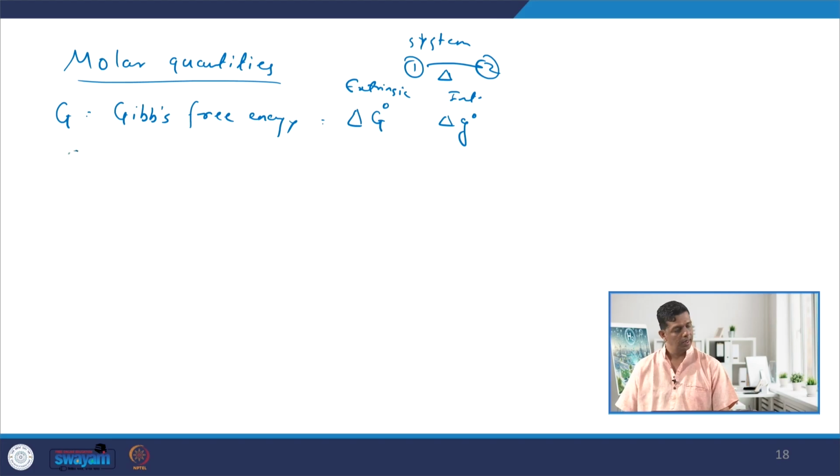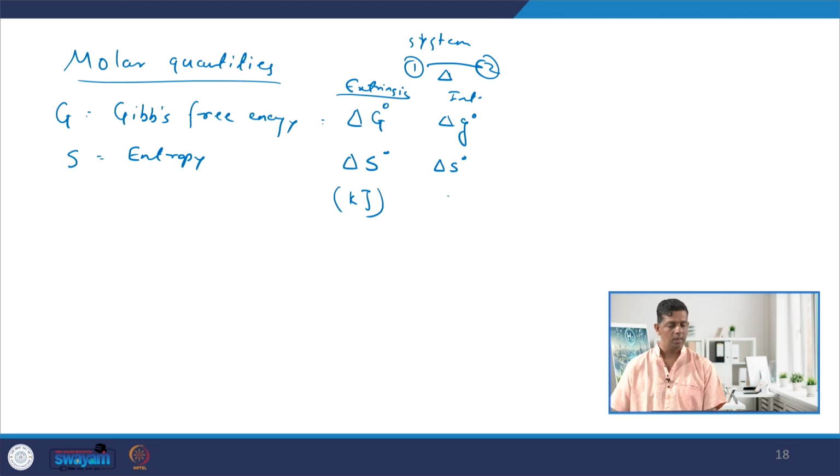So, we can also write entropy. So, this is delta S naught, delta small s naught, and the units here probably will be in kilojoules, since we are talking about the extrinsic quantities. When it comes to intrinsic quantities, this will be in kilojoules per mole.